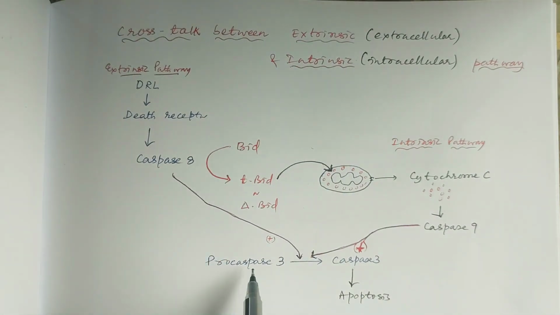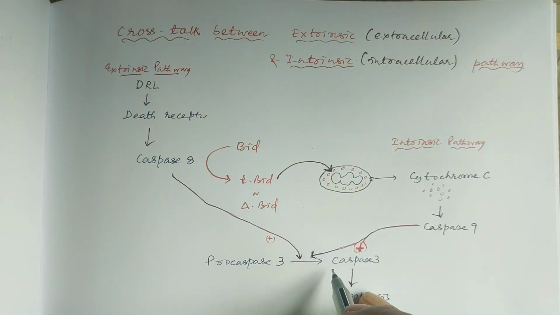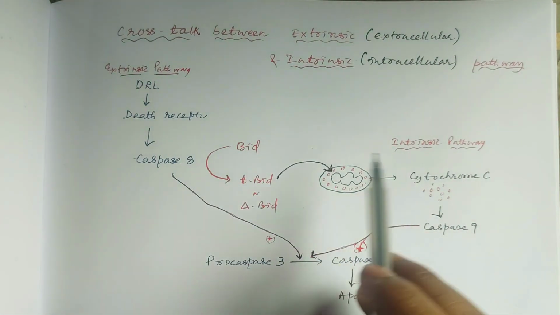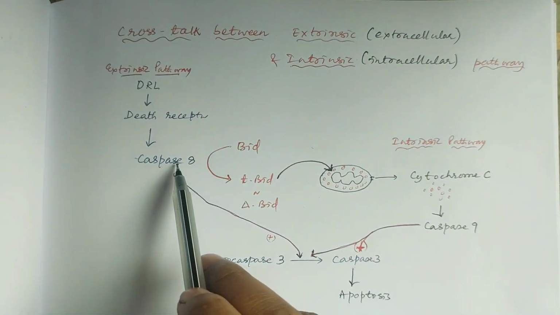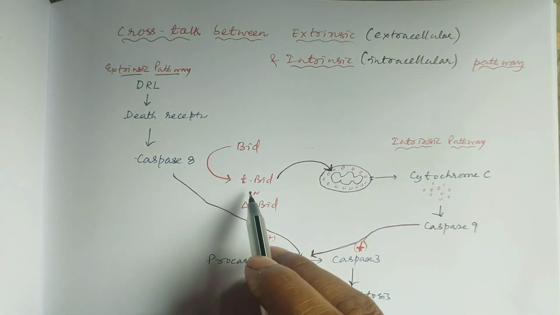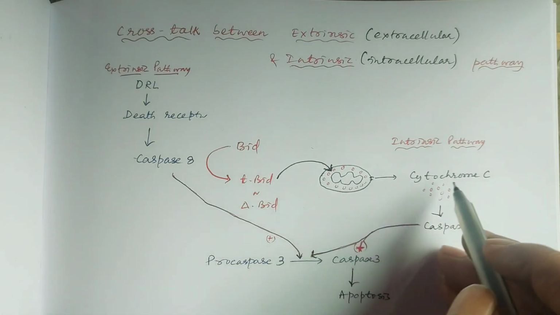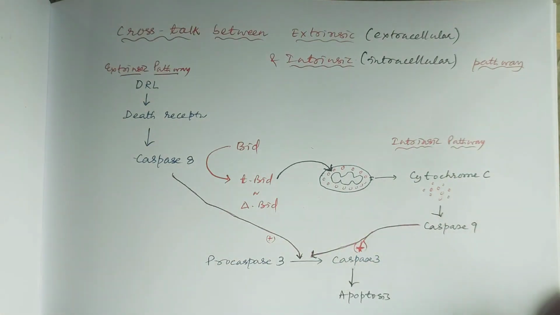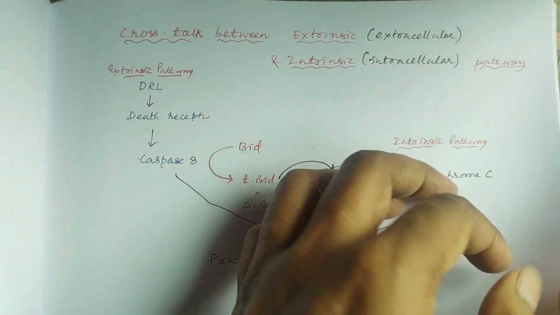Caspase-8 can convert pro-caspase-3 to caspase-3, and caspase-9 can also do so. The link between the two pathways is that caspase-8 of the extrinsic pathway can convert BID to tBID, and tBID can release cytochrome C and activate the intrinsic pathway. So this is the crosstalk between the extrinsic and intrinsic pathways.